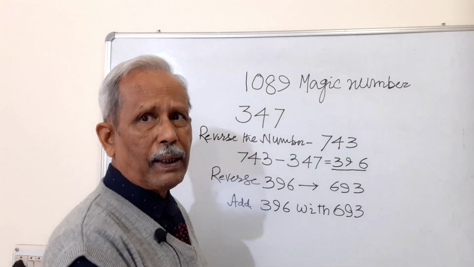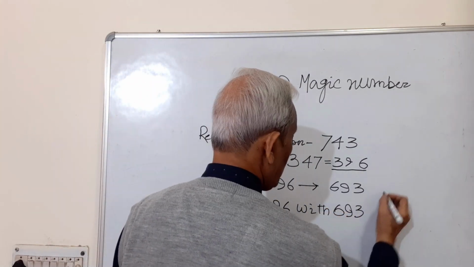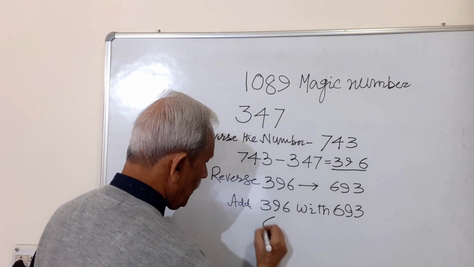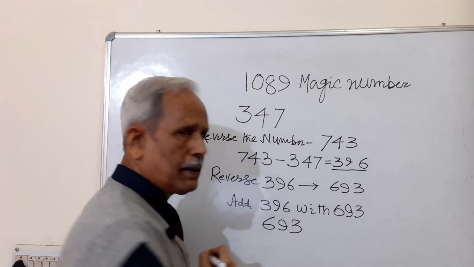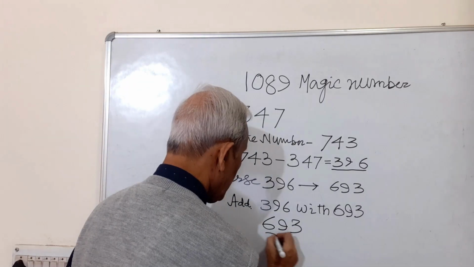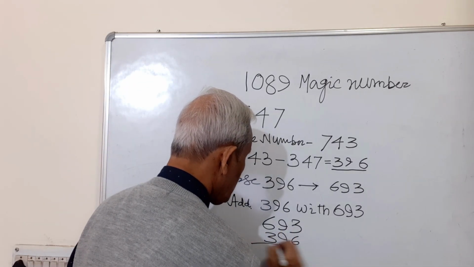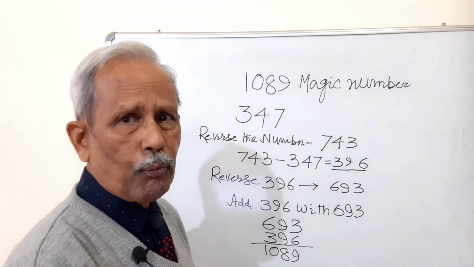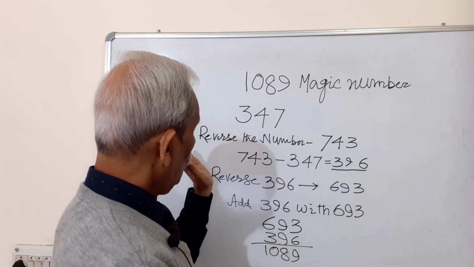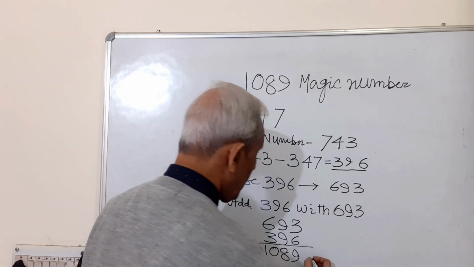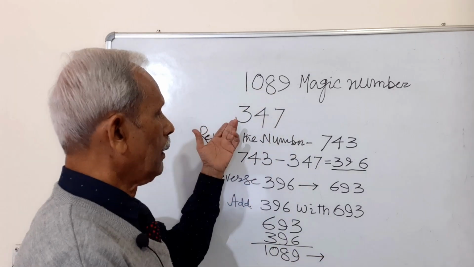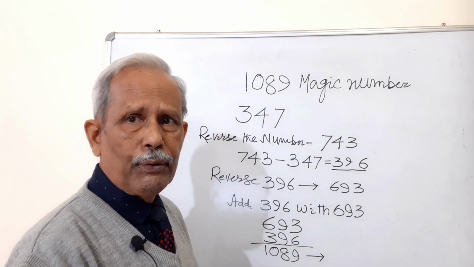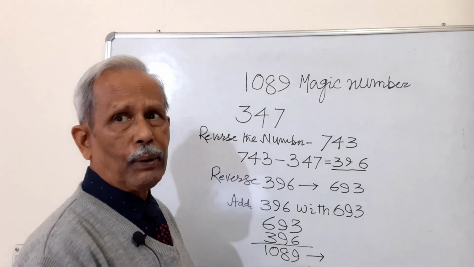How much do you get? It becomes 1089. Can you see it? 1089. So you take any number and continue to do the same process every time. Within a few steps, you will get the result of 1089.